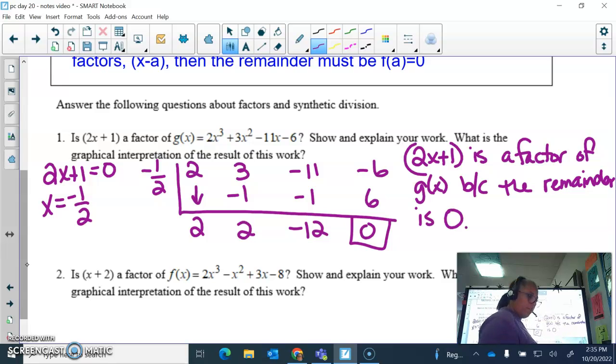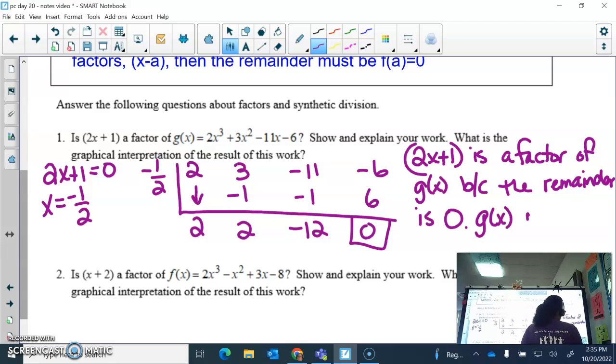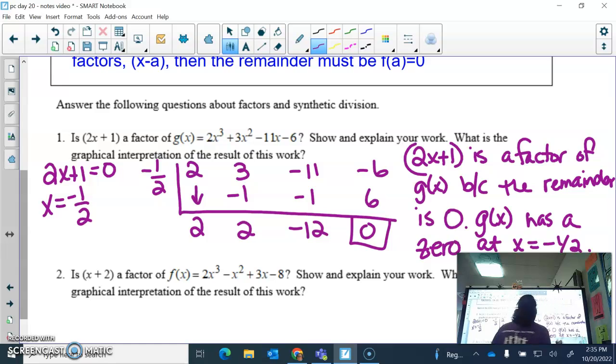And what does it mean graphically? It means that g of x has a 0 at x equals negative 1/2.